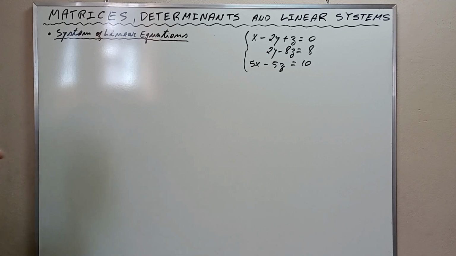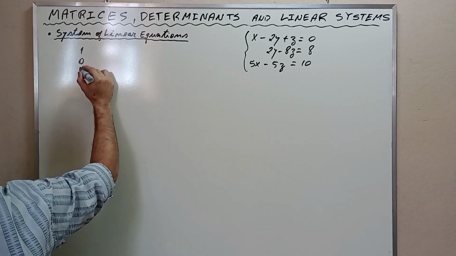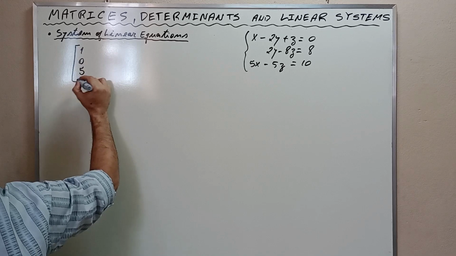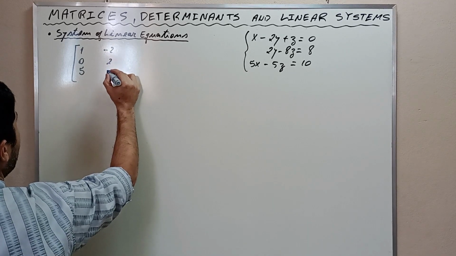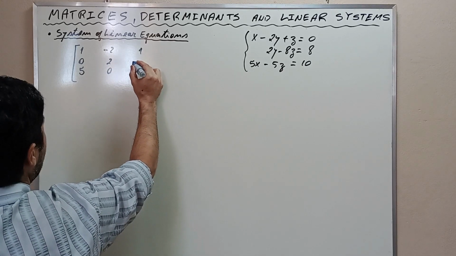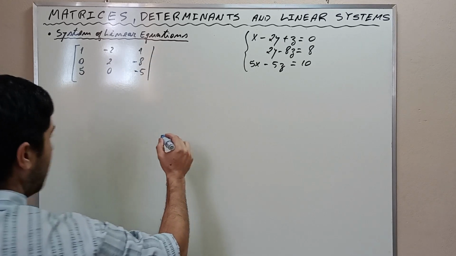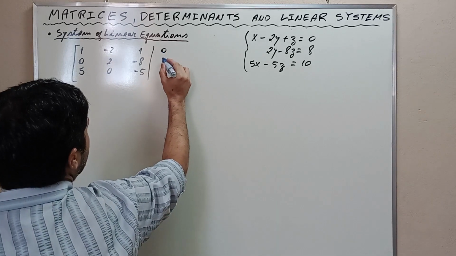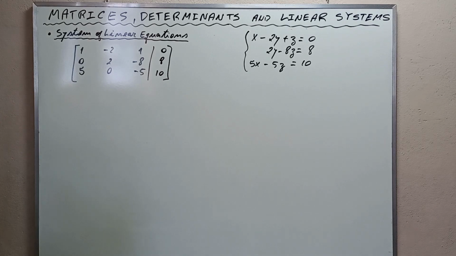The augmented matrix of this system here is 1, 0 and 5, negative 2, 2 and 0, 1, negative 8, negative 5, 0, 8 and 10. This is the augmented matrix of the system.